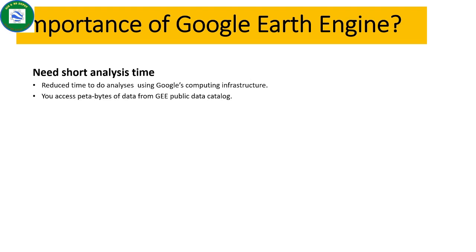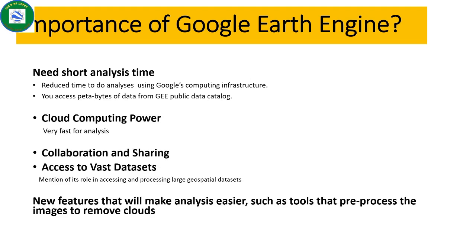You access petabytes of datasets, and the platform has a role in accessing and processing large geospatial datasets. There are new features that make analysis easier, such as tools to preprocess the image. Suppose you download satellite imagery, and here you see lots of cloud material, haze particles or cloud particles.